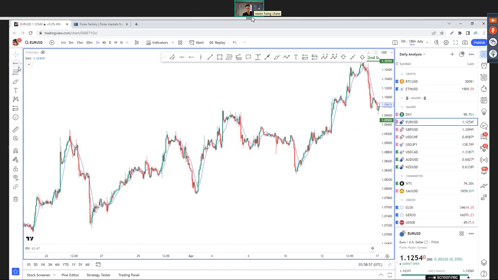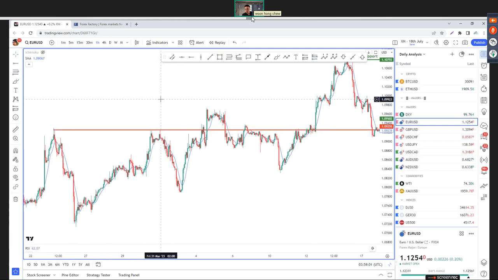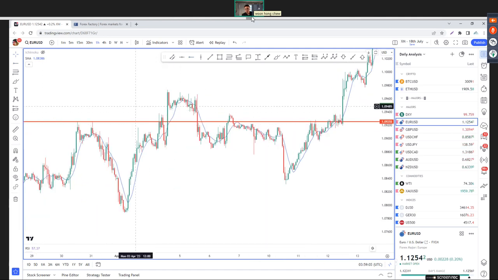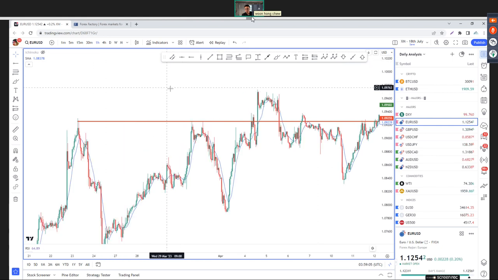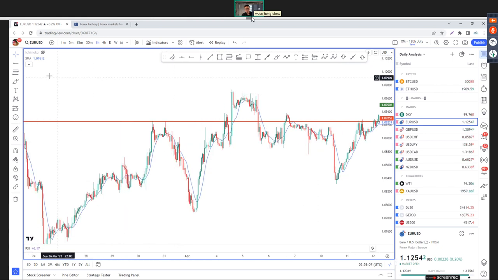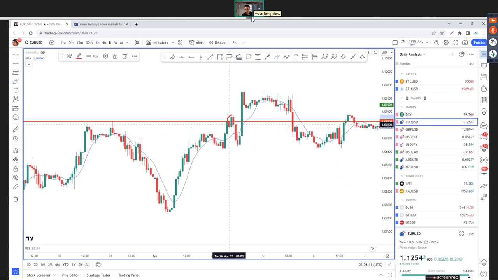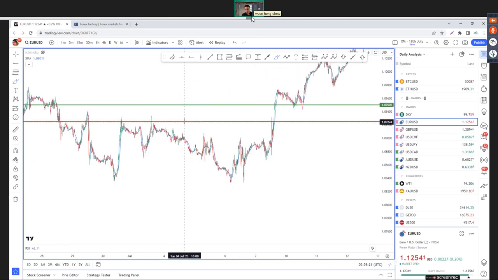So let's say we have identified this area as our resistance area. We can see this area whereby price actually closed above the body, closed above our resistance area, and then you are waiting for the retest. So here, let's say 15 minutes.